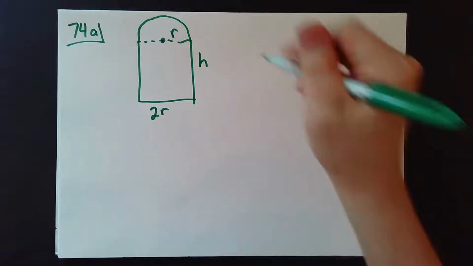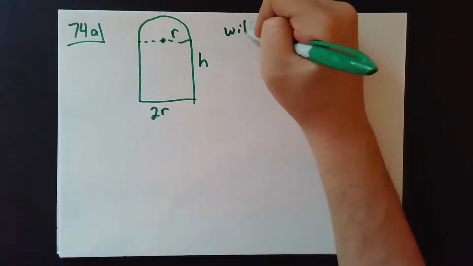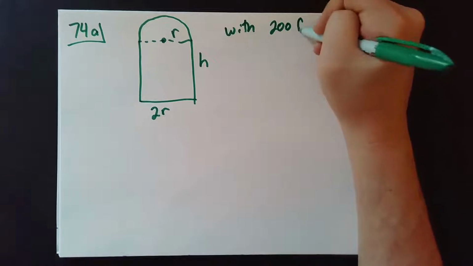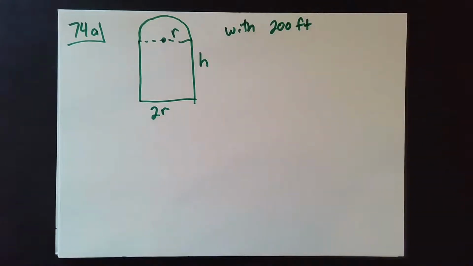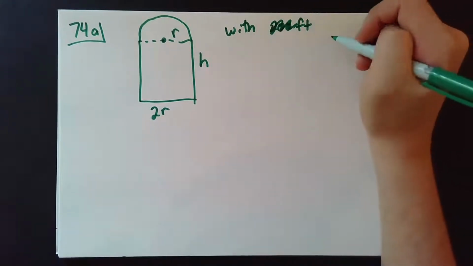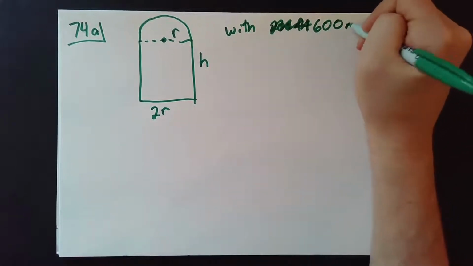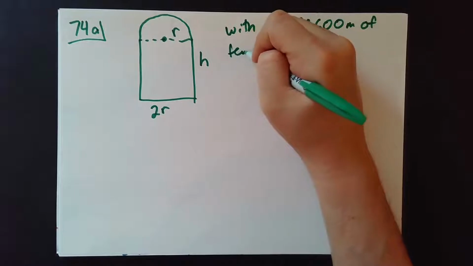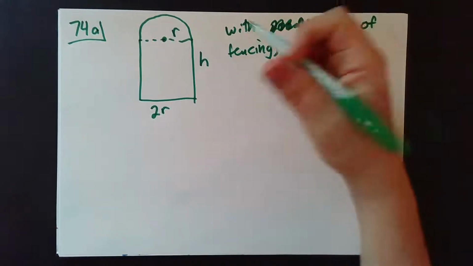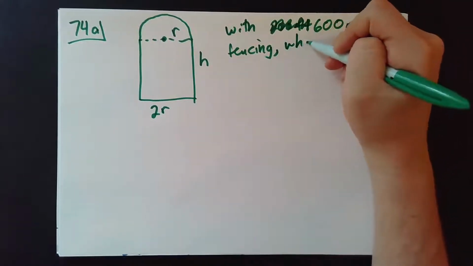And so we want to know, with 200 feet of fencing, sorry, 600 meters. I don't even know where the 200 came from. 600 meters of fencing. What choice of r will maximize the area?